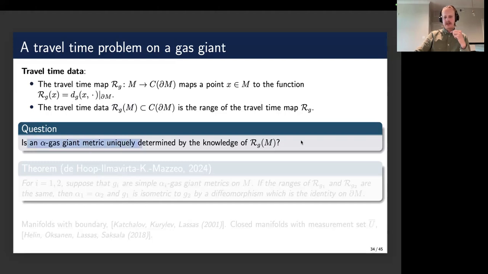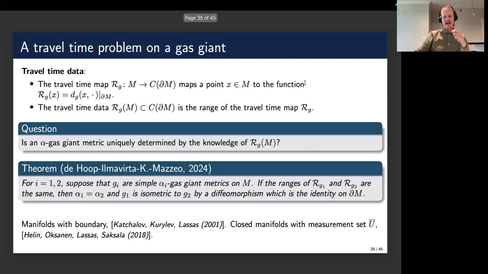And then the question arises: is a Gas Giant metric uniquely determined by the knowledge of this travel time data? And our result is yes. We do assume simplicity in this article, I will touch a little bit upon this later, but the result is yes.